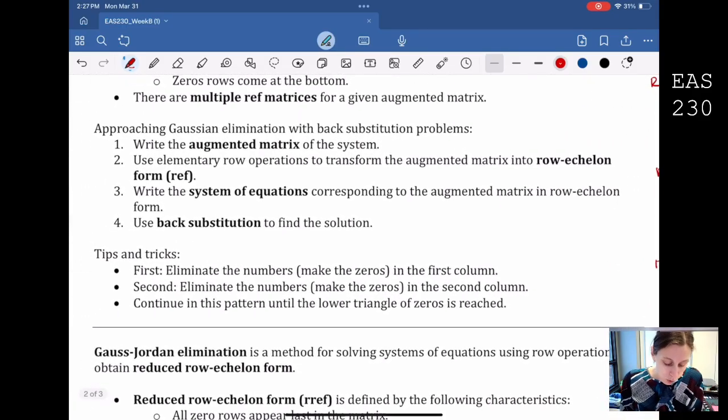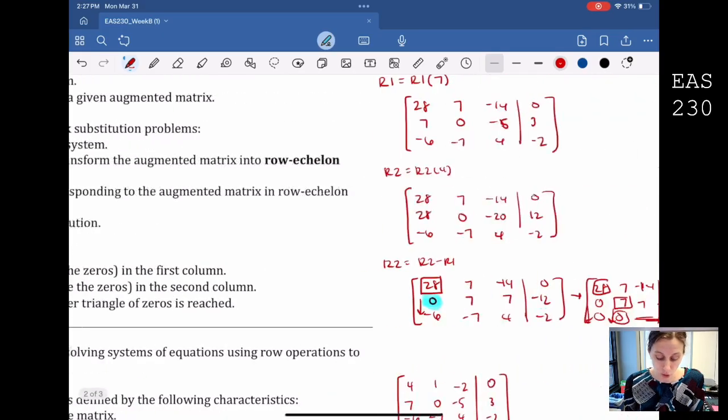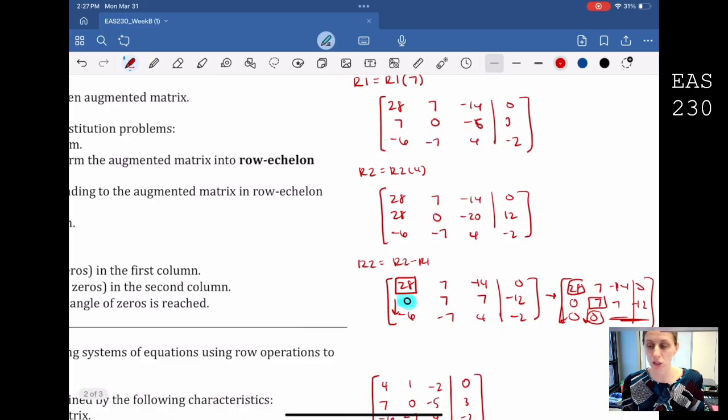Okay, so our general approach to using Gauss elimination is to write our augmented matrix for the system, use our elementary row operations, go ahead and rearrange our rows if we want, multiply our rows by a constant, add our rows together to replace things until we get to REF. Then we have the same system of equations, but now with all these elimination steps.